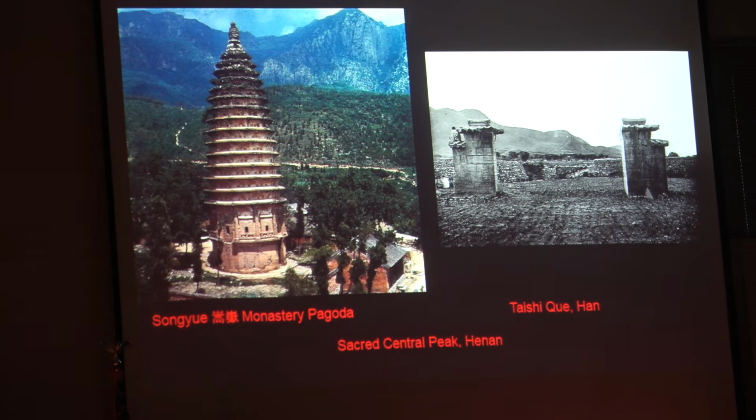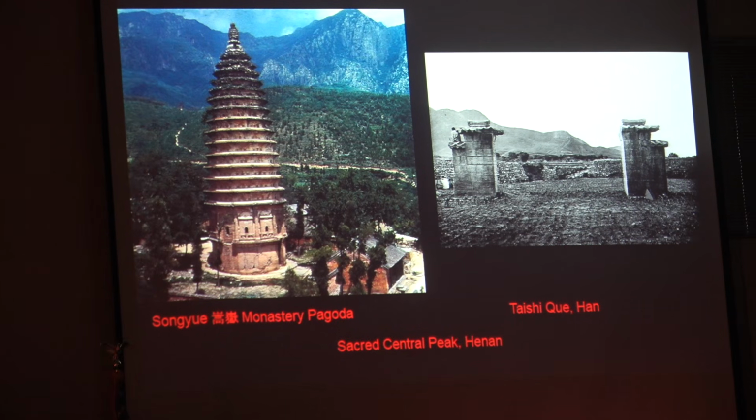All that survives are 3 pairs of gate towers. And actually, if you go to Mount Sung today, they're covered over in sheds, and you can't see them, so I'm using old pictures. But this pagoda towers above anything that the Han built. It reappropriates sacred space as Buddhist space of the Northern Wei.